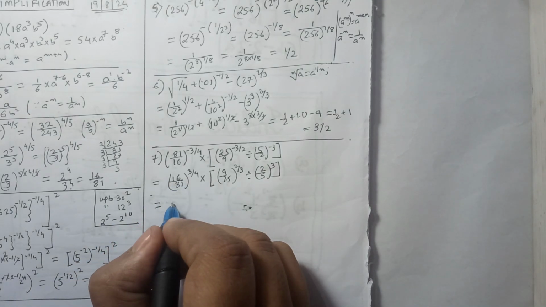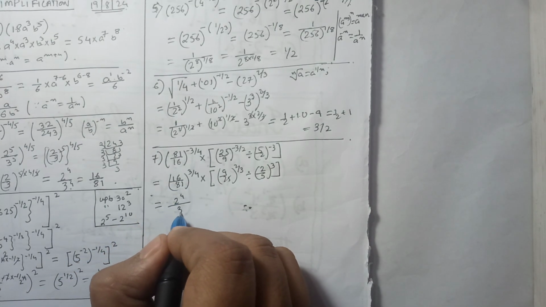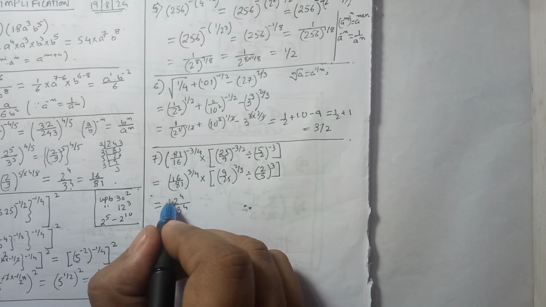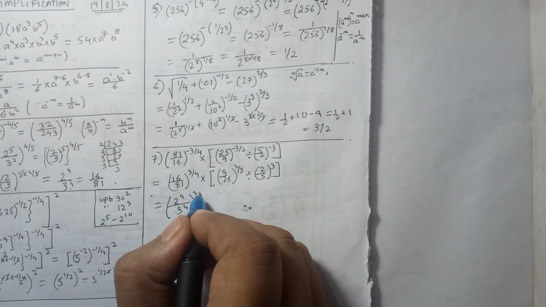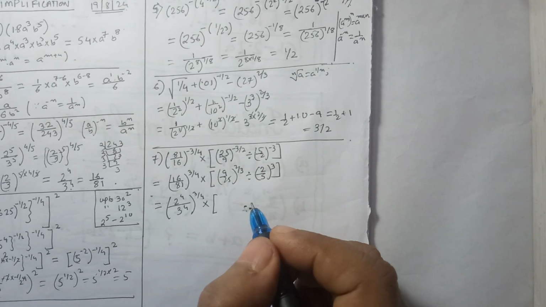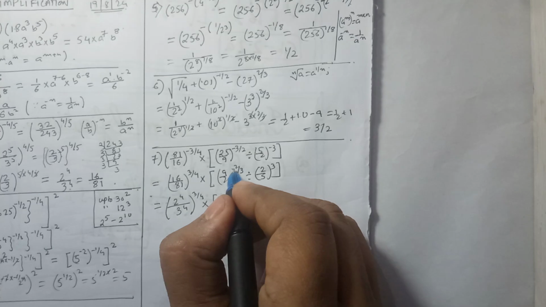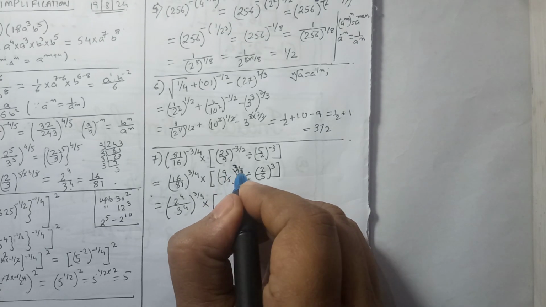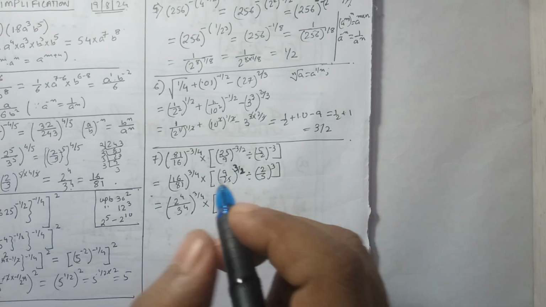Now this is 2 to the power of 4 by 3 to the power of 4 to the power of 3 by 4 into, this is, no, this should be 3 by 2. This is my mistake. 3 by 2.